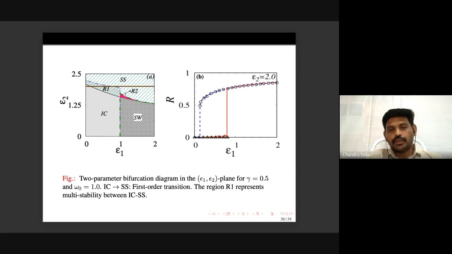Also, a higher value of epsilon 2 completely suppresses the standing wave state. So with the introduction of the asymmetric interaction, we have a new state. Also, we have a multistability region. Due to the multistability region, we have a first order transition.